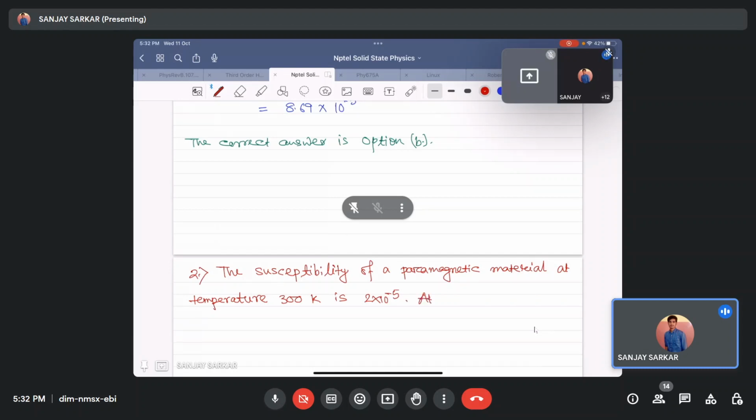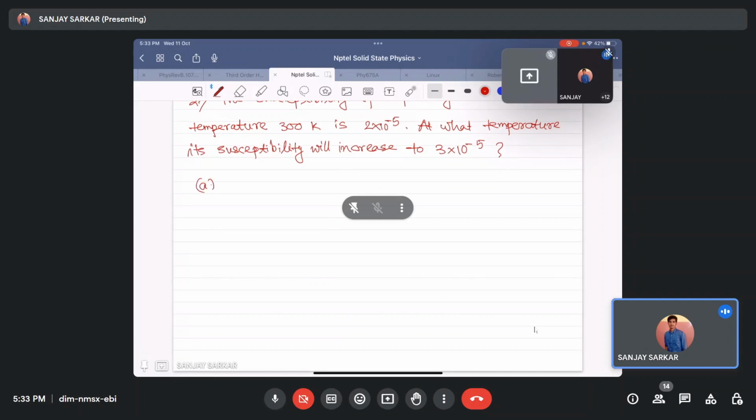Then at what temperature will its susceptibility increase to 3 into 10 to the power minus 5?